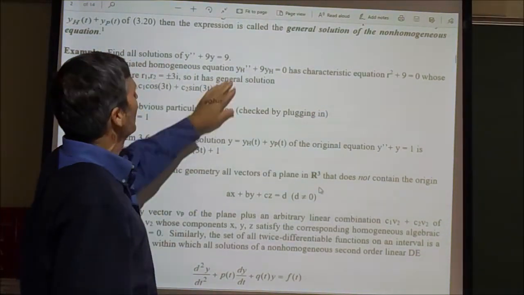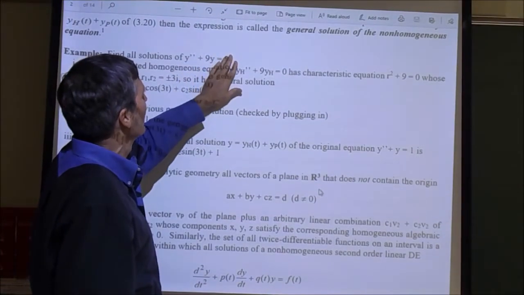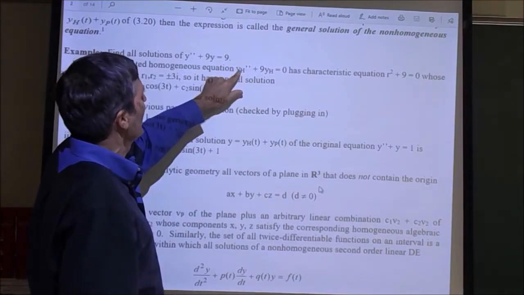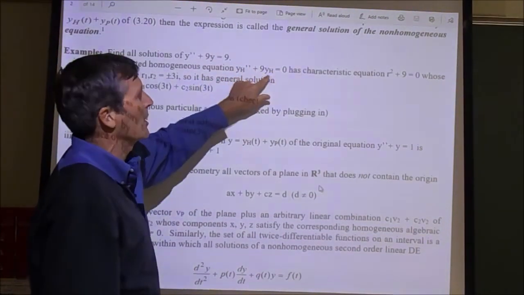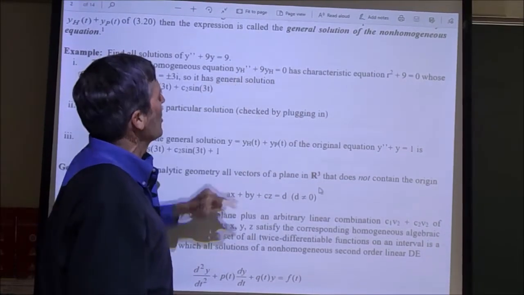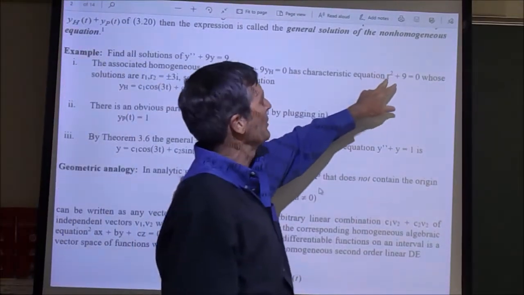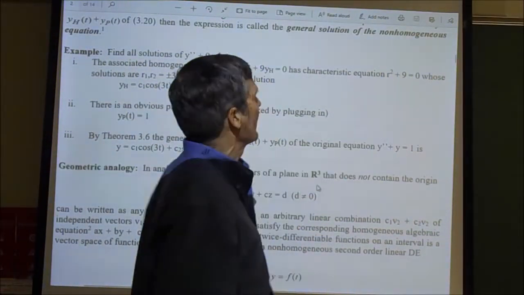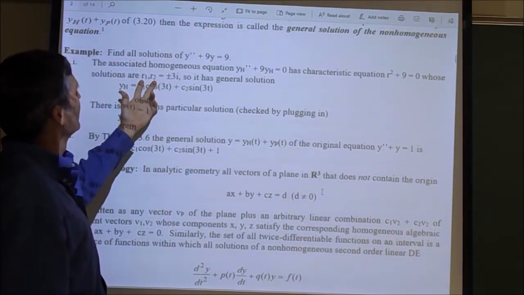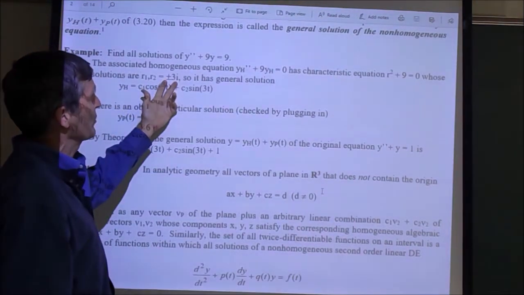All I have to do now is add that to the solution of y'' + 9y = 0. Well, what's that? I know how to solve that already, right? y'' + 9y = 0. We're solving for the general solution of the homogeneous problem. We'll call that yh. This has characteristic equation r squared plus 9 equals 0, recall. And the solutions of the characteristic equation are plus or minus 3i.